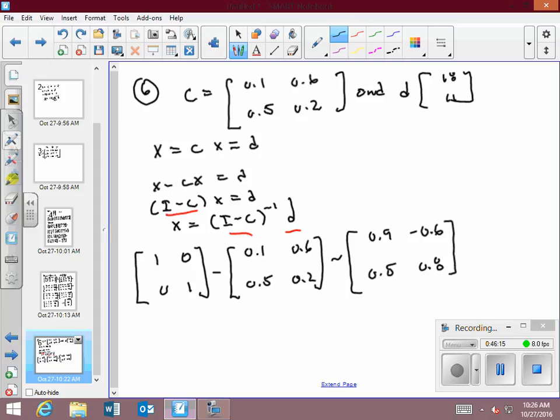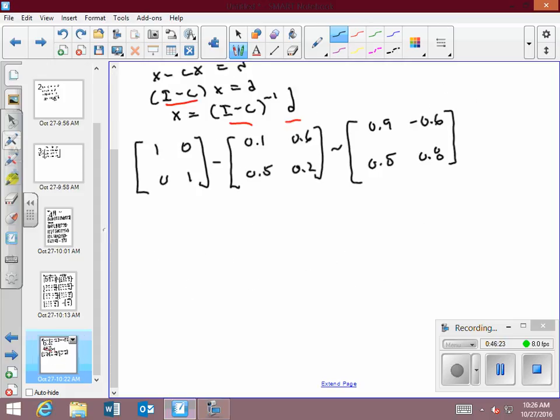Now we want to find the inverse of that. Now you either have to do it as 1 over the determinant, or else, but I prefer to, yeah, this would be a minus 5. 0.9, minus 0.6, minus 0.5, 0.8, 1, 0, 0, 1.